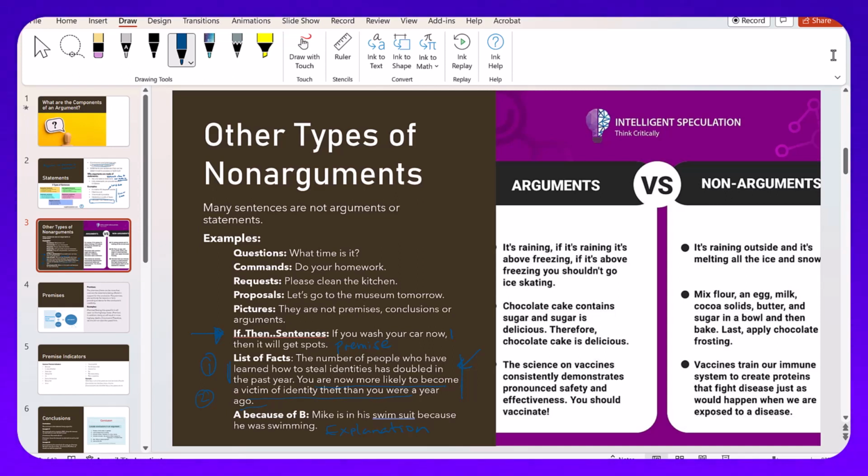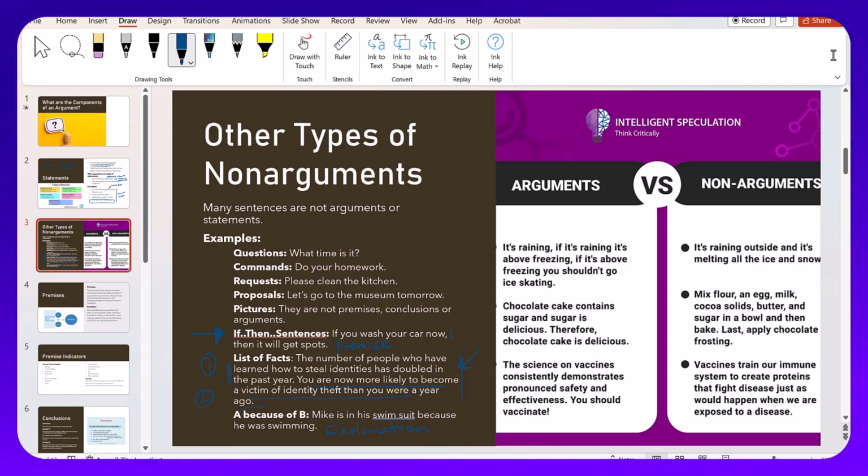So we can conclude that Mike was swimming because he was in a swimsuit, where the other one is just explaining why Mike was in his swimsuit. Again, it can be tricky because both sentences and arguments use the idea of A because of B. And what follows because is a reason for accepting a contention of the argument, right?